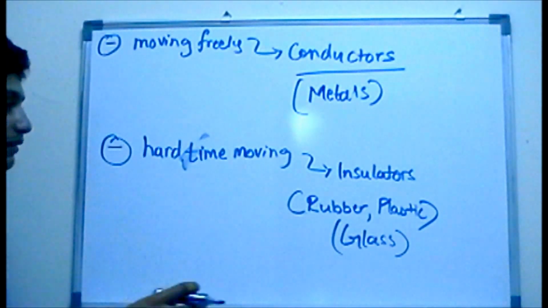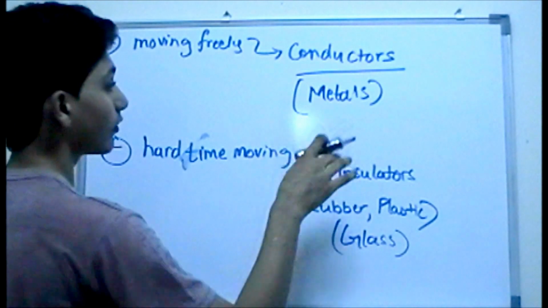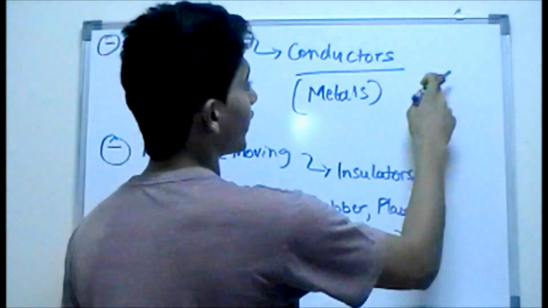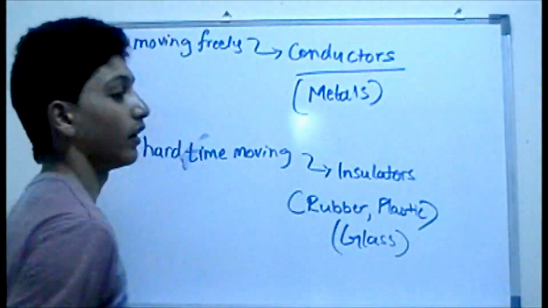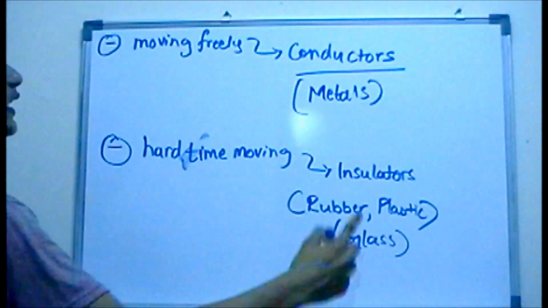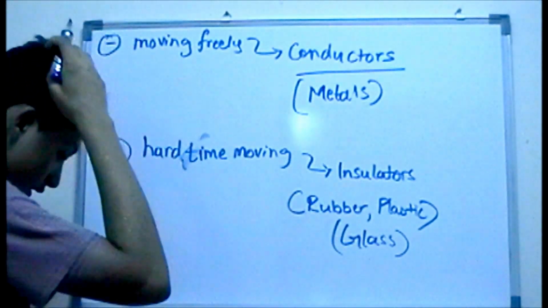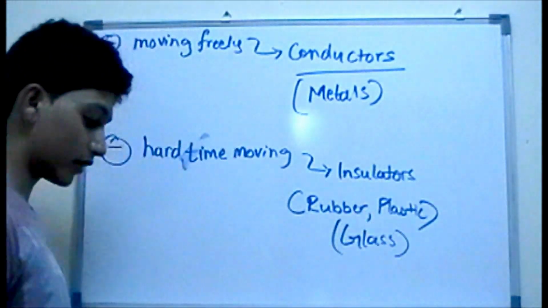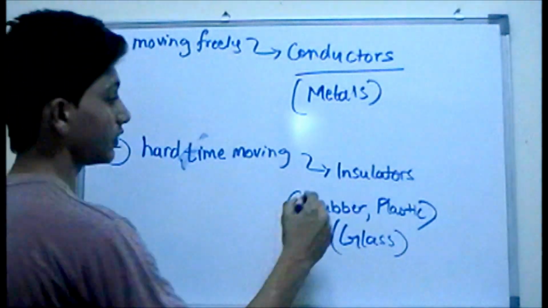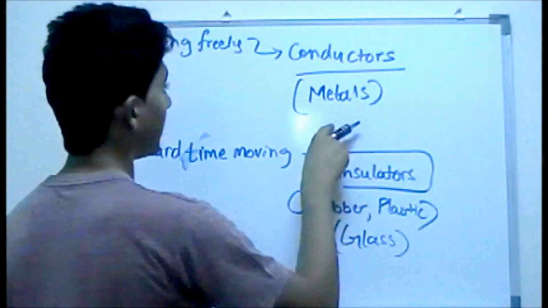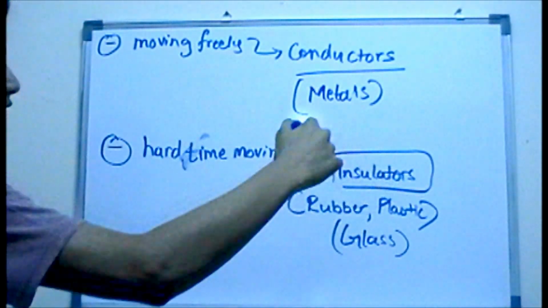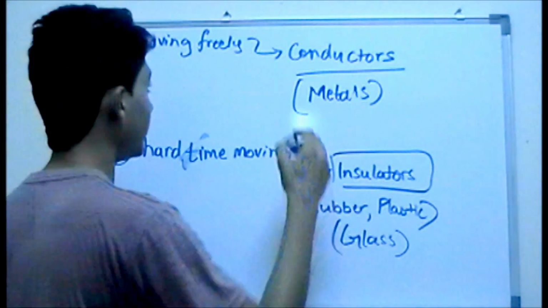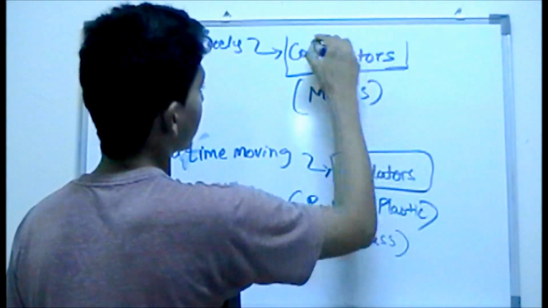So all it does is it makes the outer electrons, remember that electrons are moving in the outer area, not move freely. That substance is called an insulator, and the substance which makes the outer layer of electrons move freely is called a conductor.